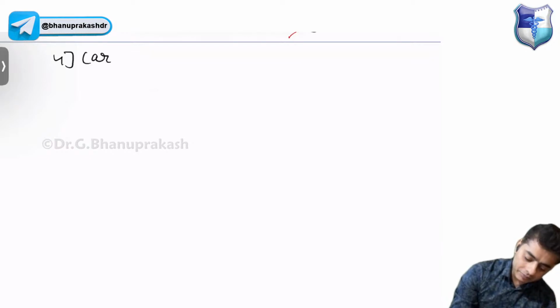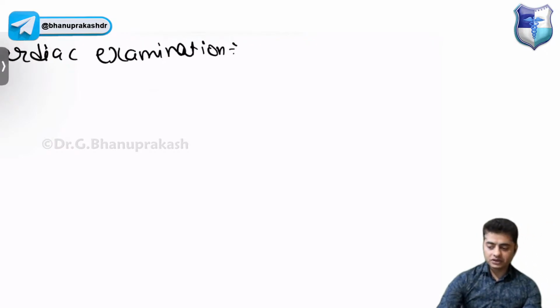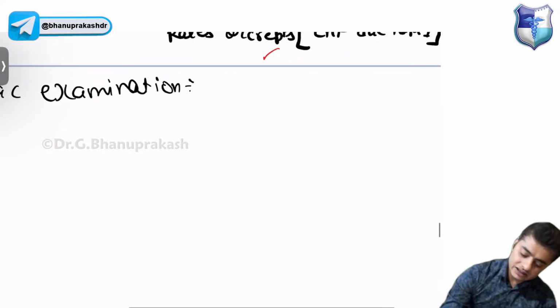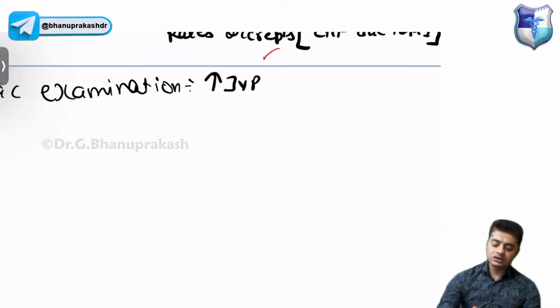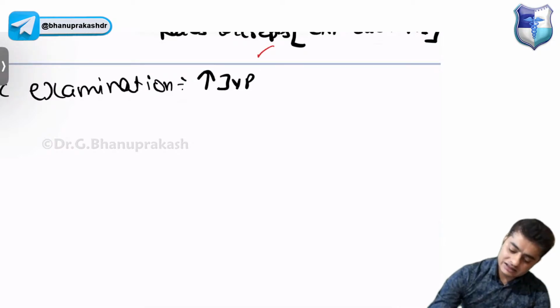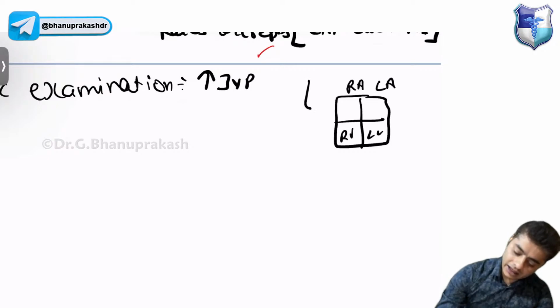Now comes your cardiac examination part. So in cardiac examination, what all things will you observe? First is JVP. There will be an increase in JVP because in a congestive heart failure patient, this is your RA, LA, RV, and LV, and this is your SVC.